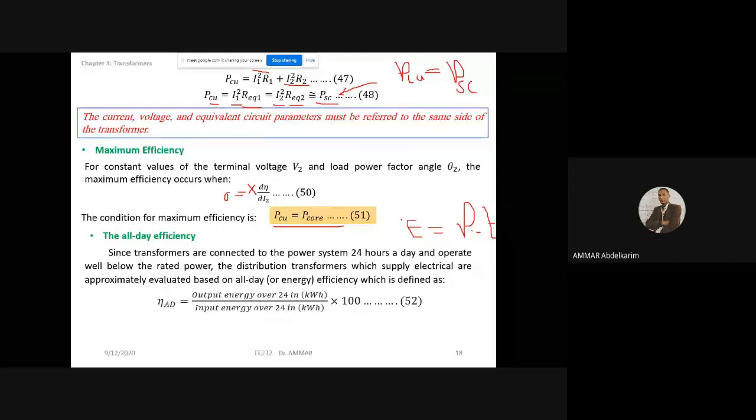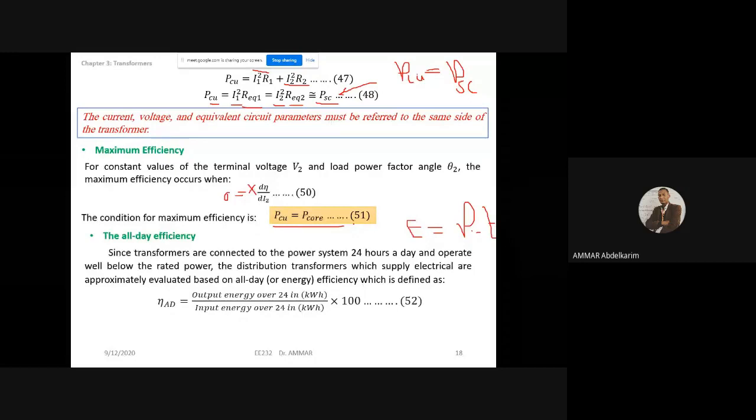Okay. So the all-day efficiency: the transformers that are connected in the power system work all day, 24 hours in the day. Since transformers are connected to the power system all day and operate well below rated power, the distribution transformer that supplies the electricity, for example, to our houses, is evaluated by the all-day efficiency.